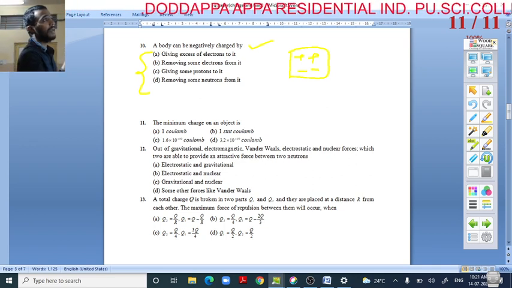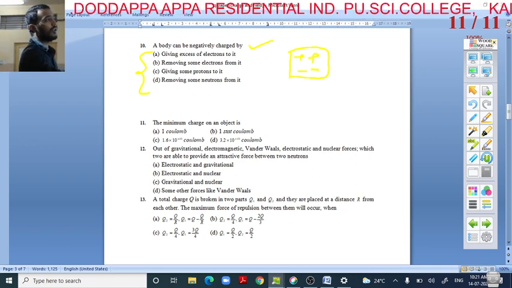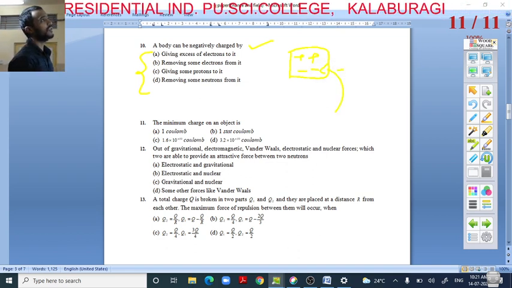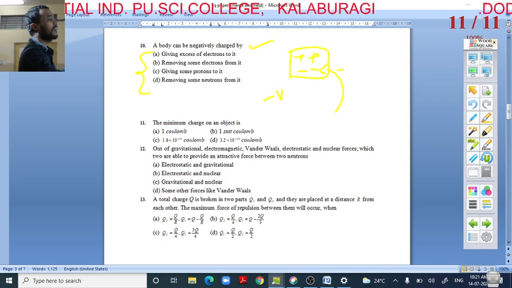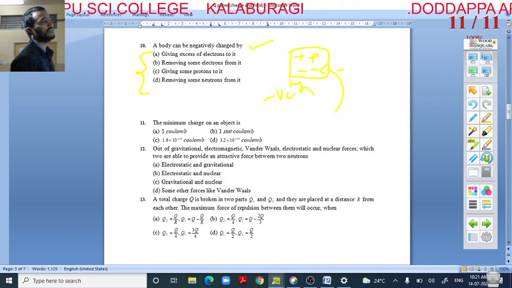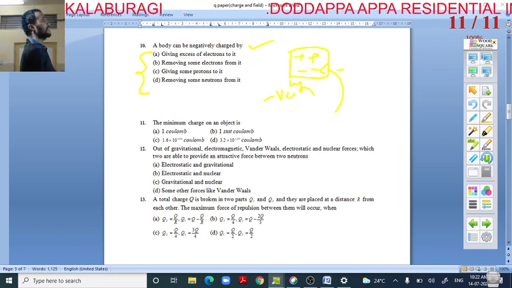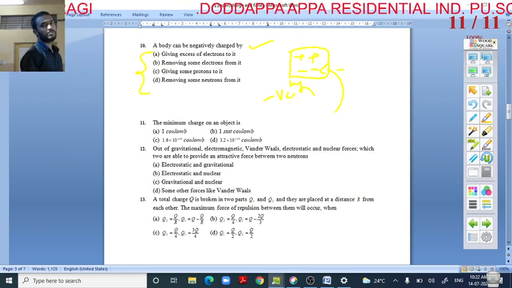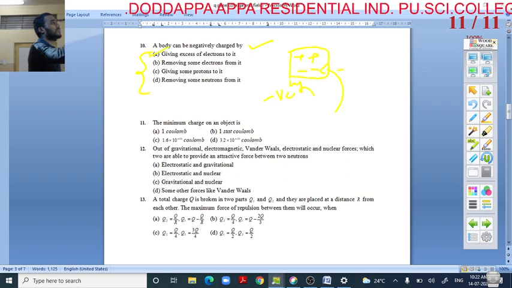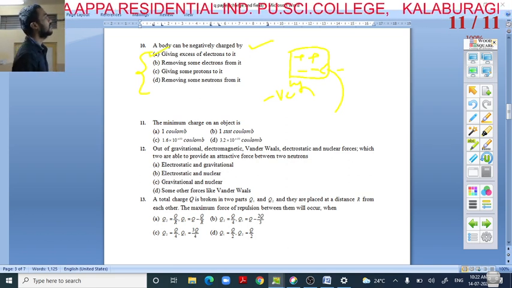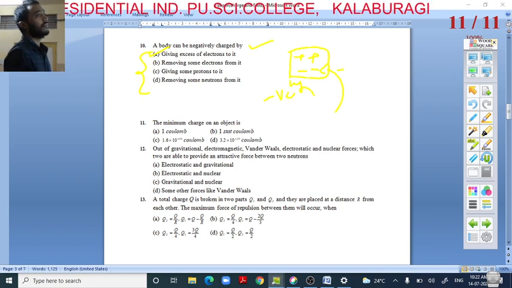If I want to make it a negatively charged body, we have to give negative charges to it. That means excess of electrons makes the body negatively charged. So our option is the first option, giving excess of electrons to it. Right? Okay. Next.